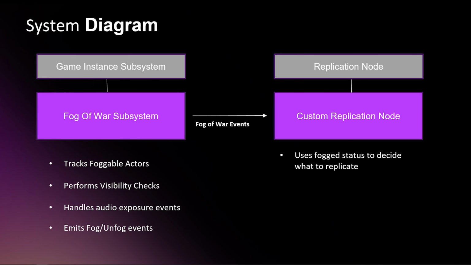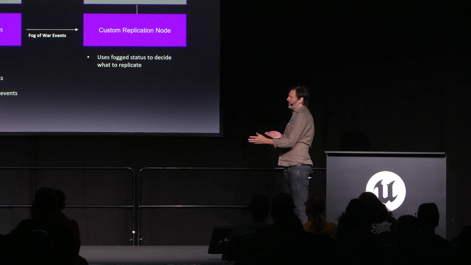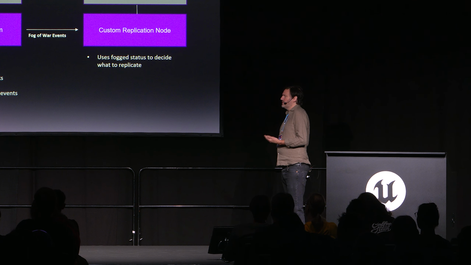The subsystem tracks fog of war actors, performs visibility checks, handles audio exposure events, and emits events as appropriate. A fog of war event is just a map of player actors to the lists of actors that have been fogged or unfogged. So it's only sending information when things change.